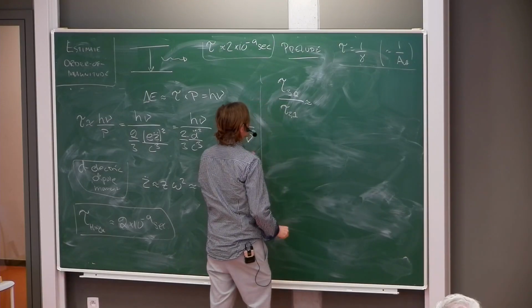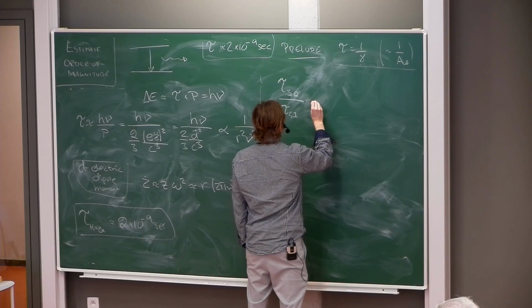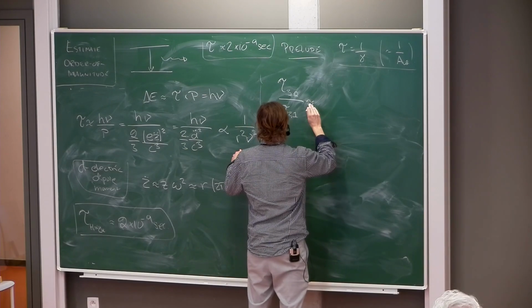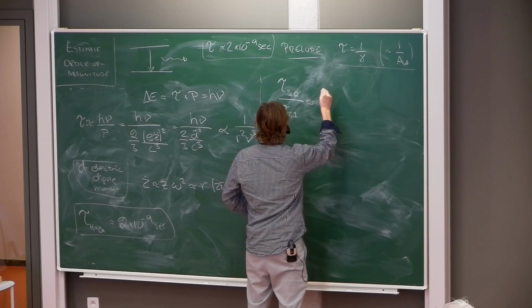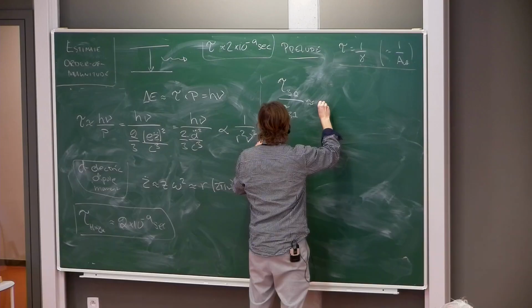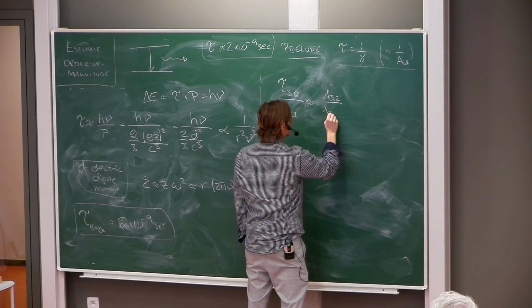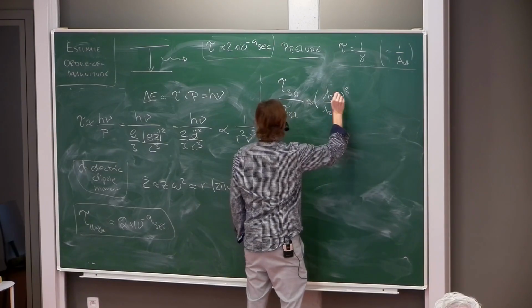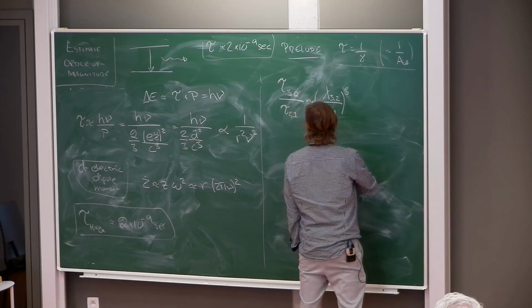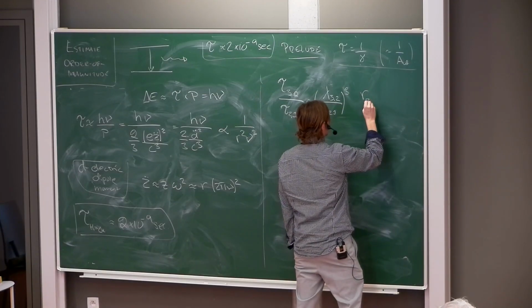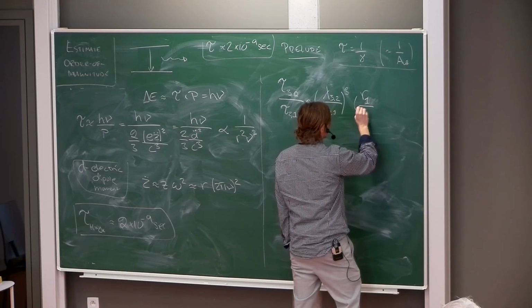Then we see that the scaling, if we put it in wavelengths, will be the radius inverse, and then lambda is on top now, so it will be lambda 3,2 over lambda 2,1 to the third power. Now I use wavelengths because we know the wavelengths. And then the radius inverse, so it will be the radius of 1 over the radius of 2, squared.